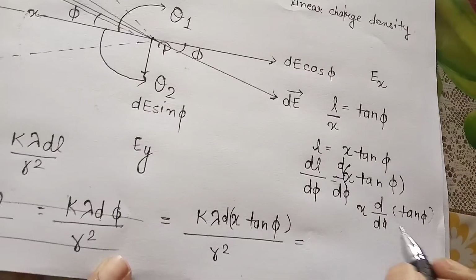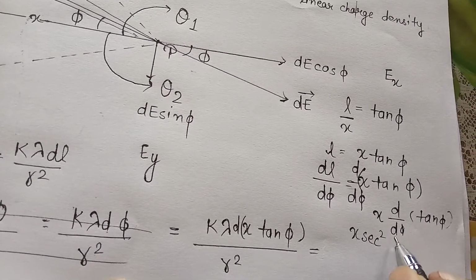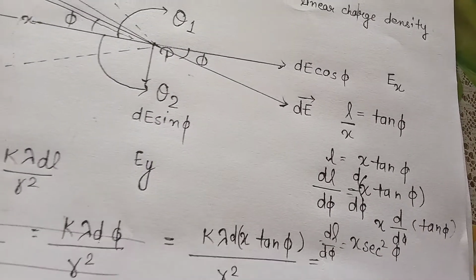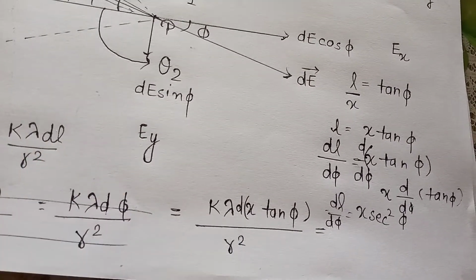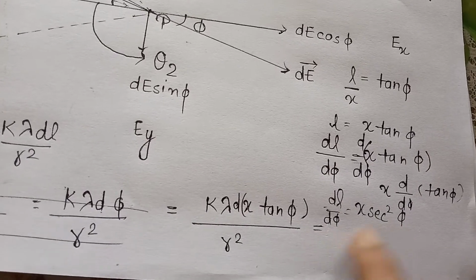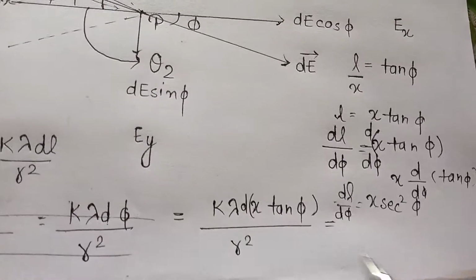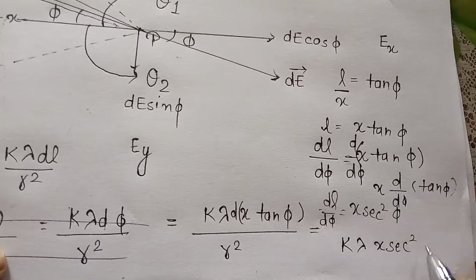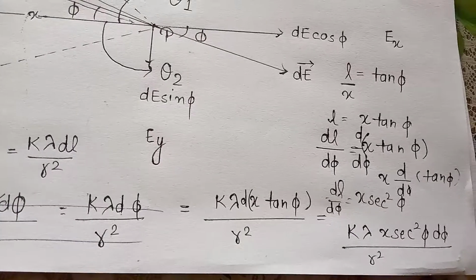What is the differentiation of tan x? Tan x differentiation is sec square x, so dl by d phi is equal to x sec square phi. Now we have to find out dl. So dl will be x sec square phi into d phi. So we can write down like this: k lambda x sec square phi d phi upon r square.